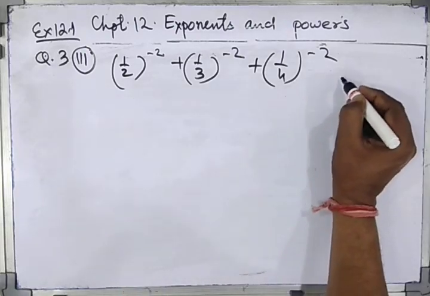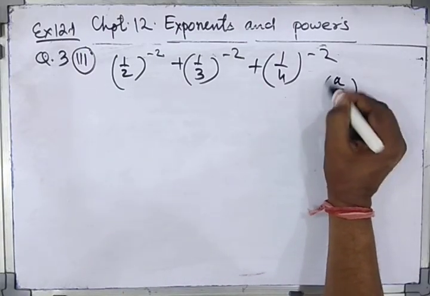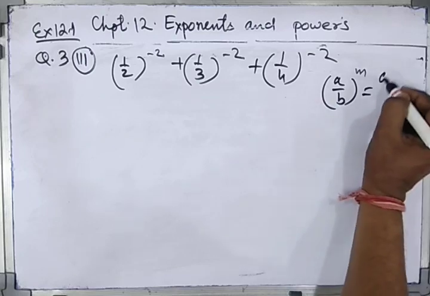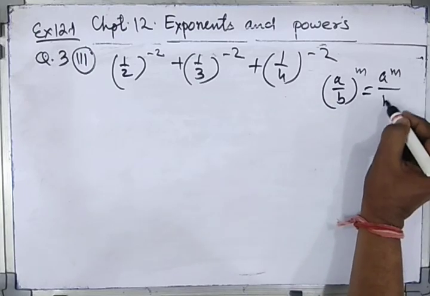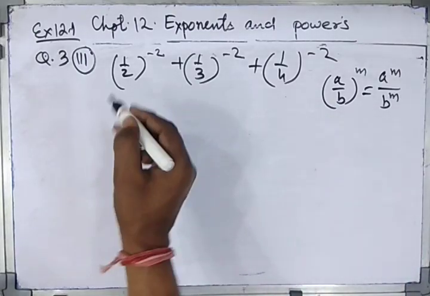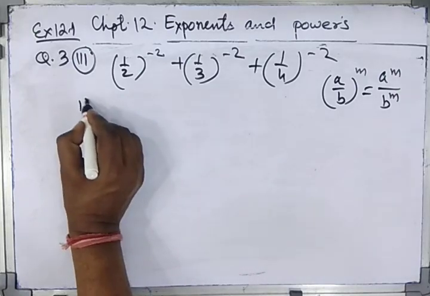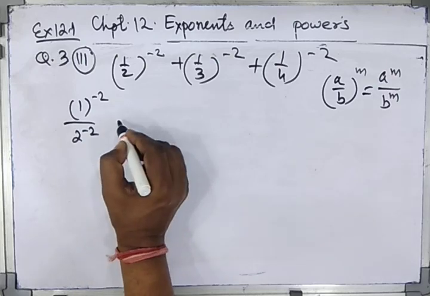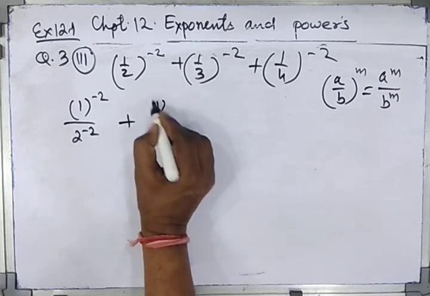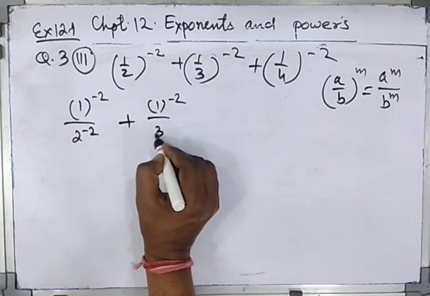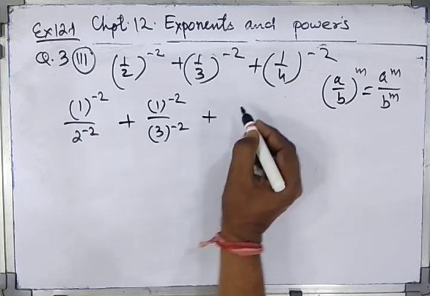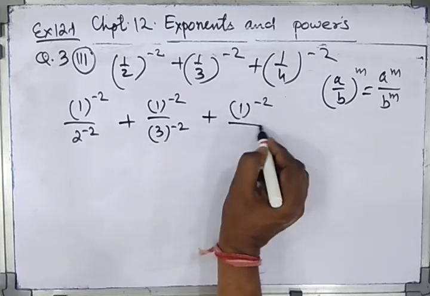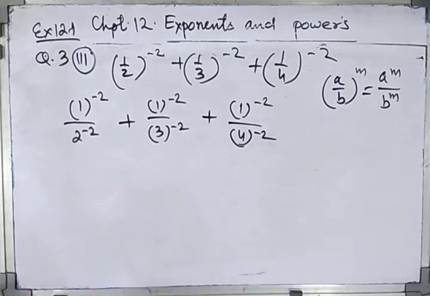use the formula (a by b) raised to m is equal to a raised to m by b raised to m. Then 1 raised to minus 2, 2 raised to minus 2, plus 1 raised to minus 2, 3 raised to minus 2, plus 1 raised to minus 2, 4 raised to minus 2.